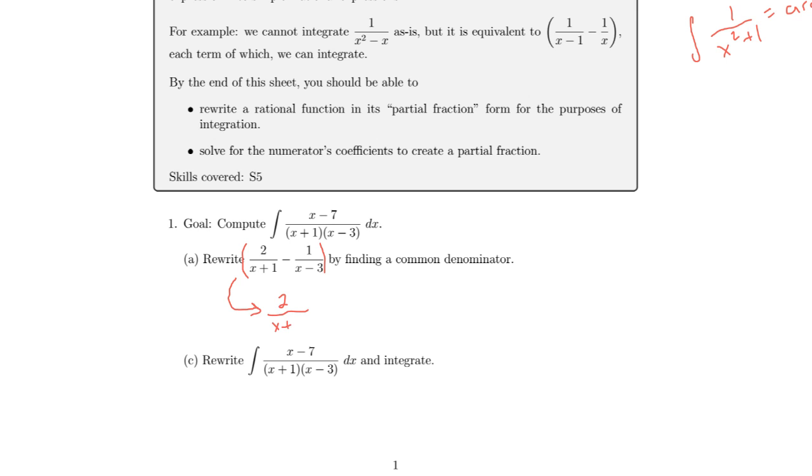To get the common denominator here, we're going to multiply the top and bottom of this term by x minus 3. So we're going to get that. Minus, and then for the other term, we have 1 over x minus 3. We'll multiply both the top and bottom of that by x plus 1.